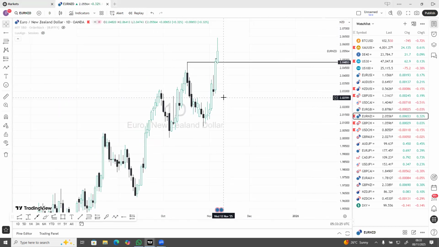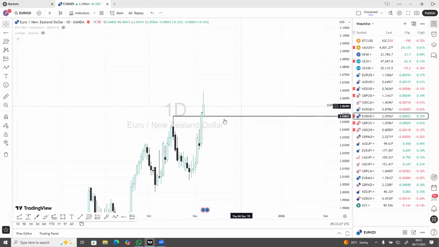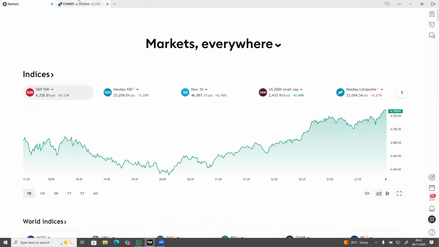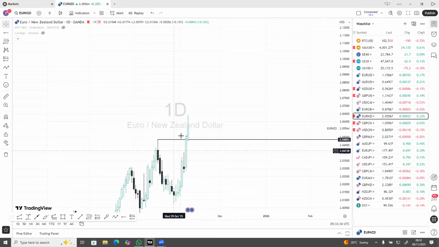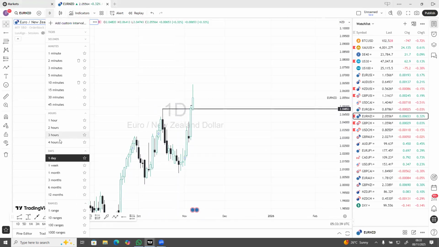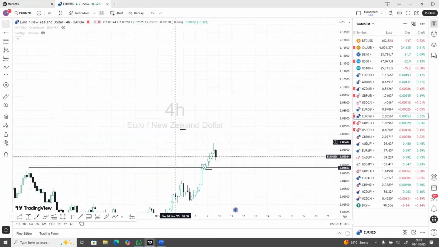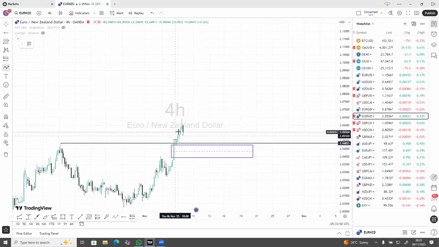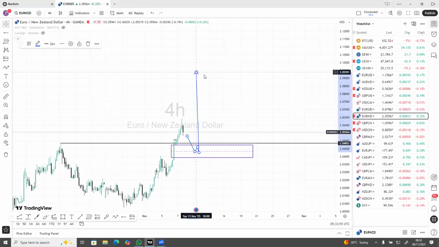Another, EUR/NZD. EUR/NZD continuation of uptrend. You can see there is a break of structure like that, with a candle closure above. If you see that situation, find a discount point of interest, that imbalance, wait for confirmation, and execute a long position from that.